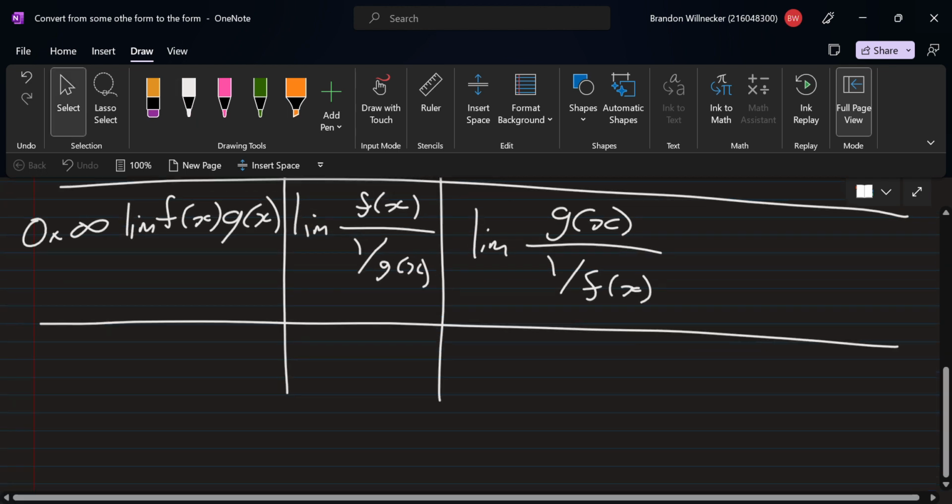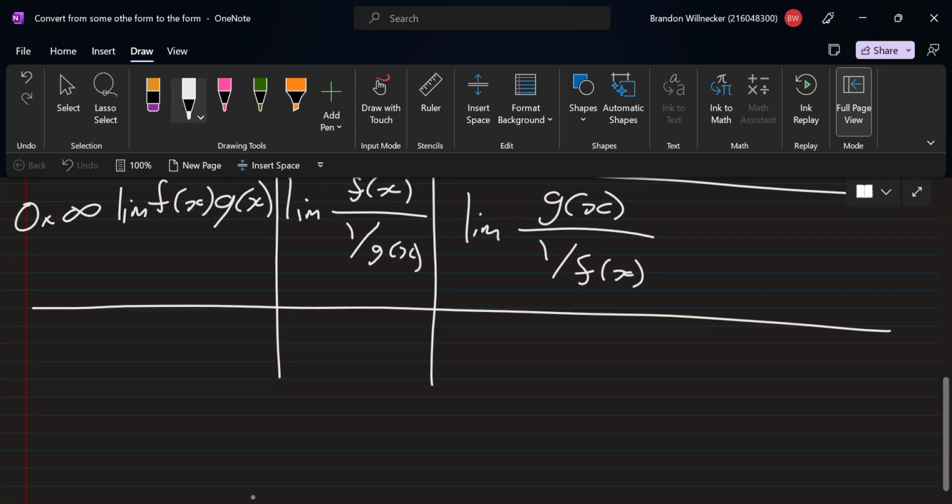Okay, next, infinity minus infinity. This one's a bit more complicated, so I'm going to spend a bit more time on this. What we need to do is turn this difference into a quotient. So we've got something like a minus b, we need to turn it into something like a divided by b.